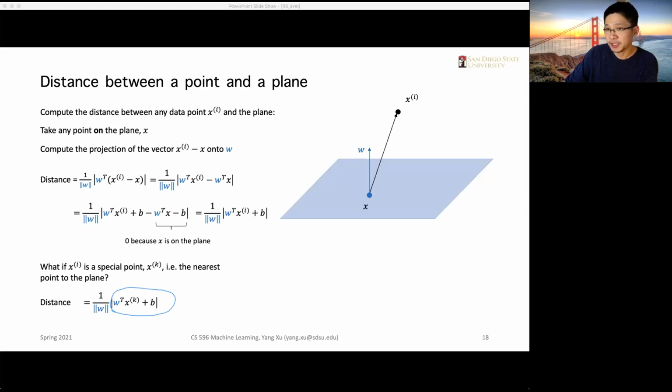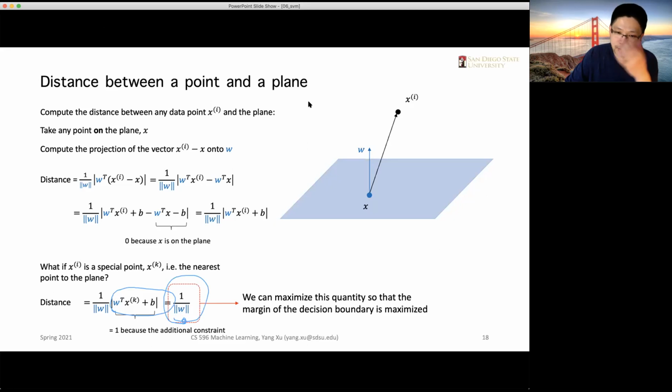It can be any constant we define, but we let it be 1 just for simplification. With this additional constraint applied, we can represent the distance as 1 over the norm of W.